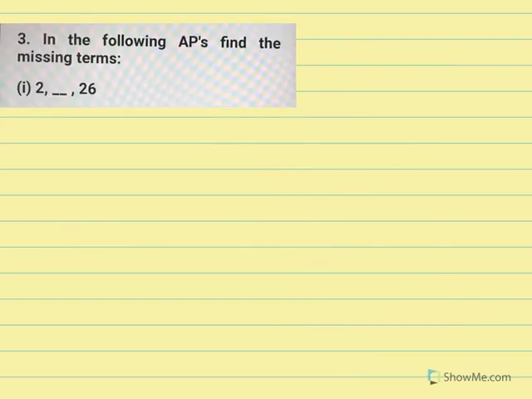In the following APs, find the missing terms. Now for the first one, our AP is 2, we do not know this term, and 26. So we'll put this term as x. We do not know the term, let the term be x. Now we know the common difference always remains the same. So here the common difference D will be x minus 2, and the common difference will also be 26 minus x, right?